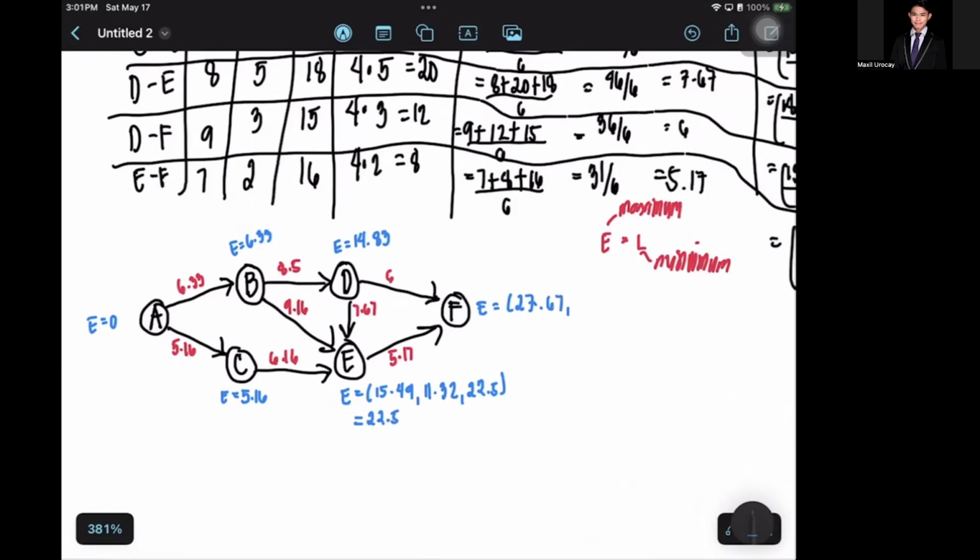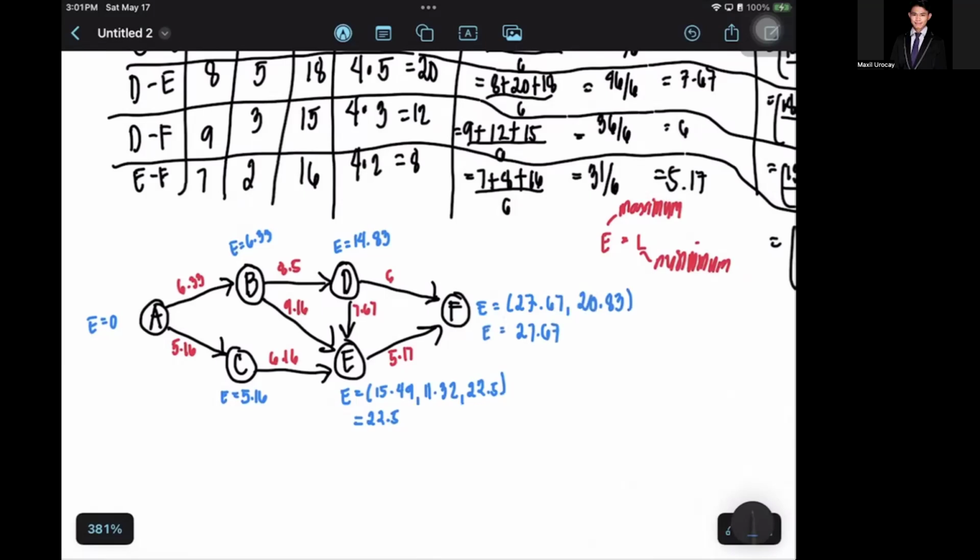And there is from D to F as well: 14.83 plus 6 will become 20.83. Now what is the E? It will become 27.67 as your maximum right now. So we're able to identify the E already, and we're done with that.